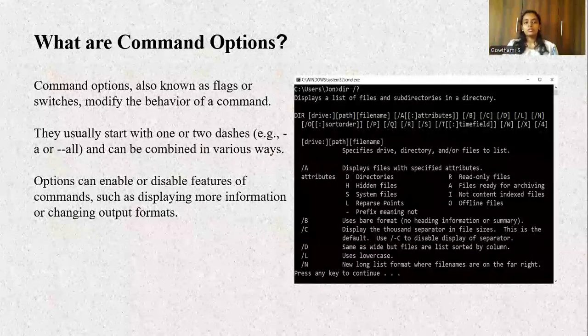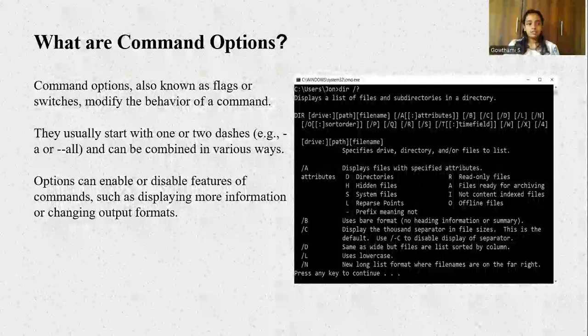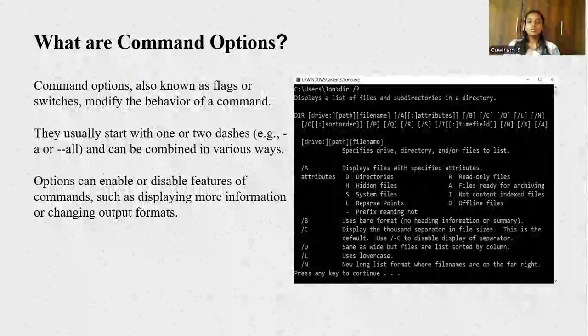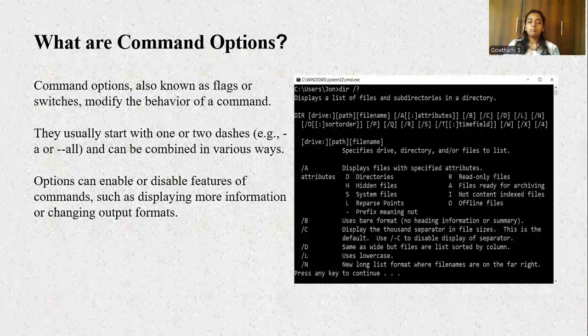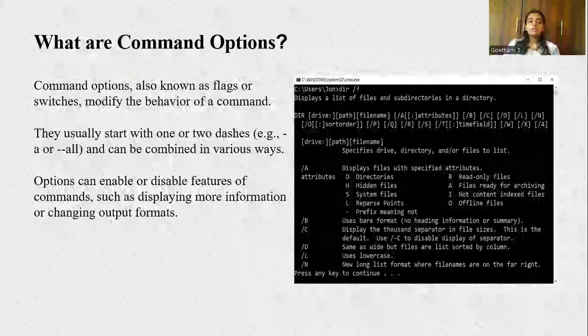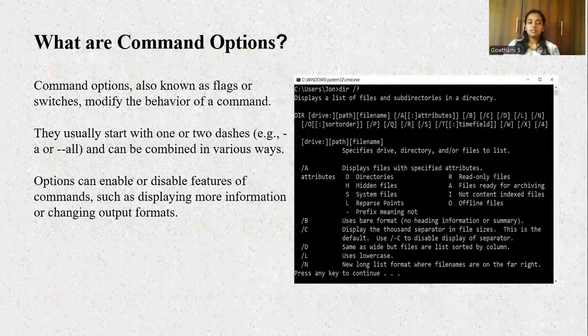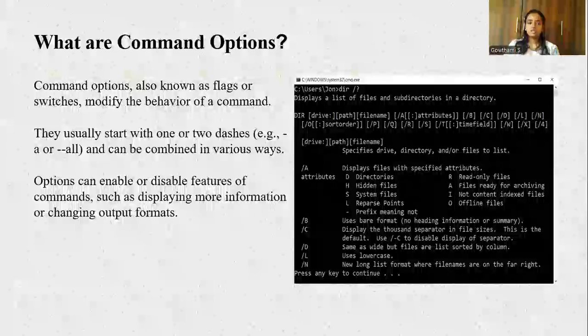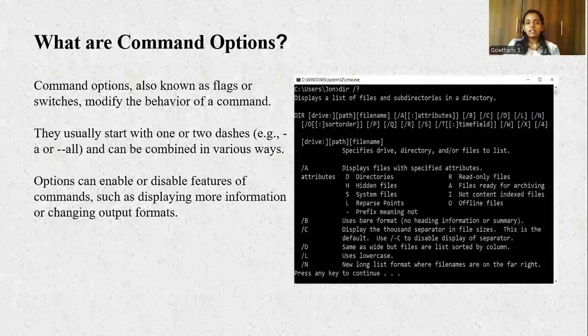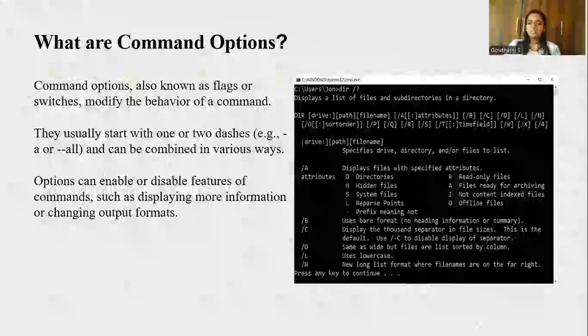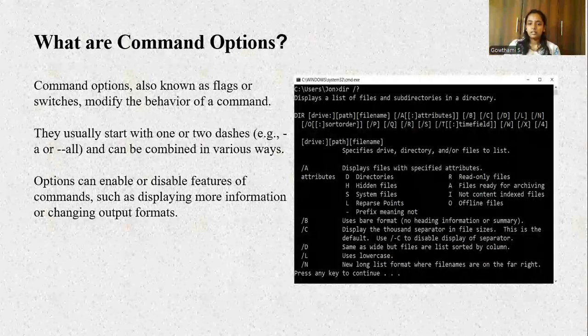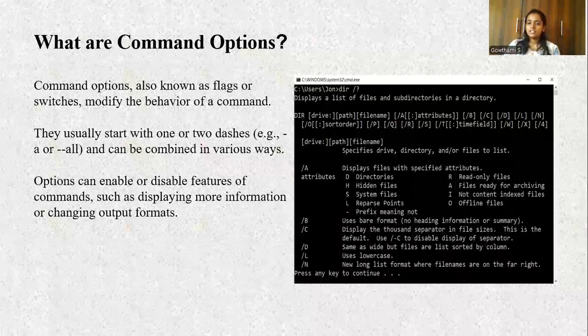So what are command options? Command options, also known as flags or switches, modify the behavior of a command. They usually start with one or two dashes and can be combined in various ways. Options can enable or disable features of commands, such as displaying more information or changing the output format. In this, we can see that there are a few attributes such as D, H, S, L, followed by the directory, hidden files, system files, read-only files, and files ready for archiving.